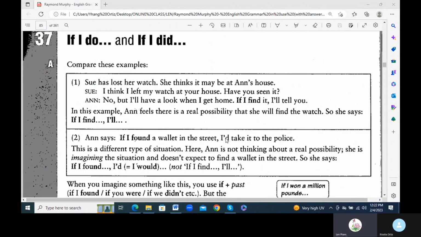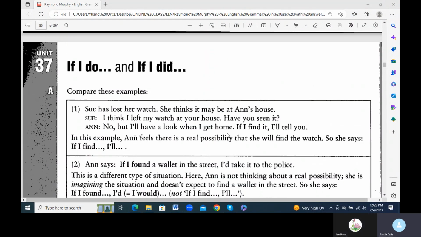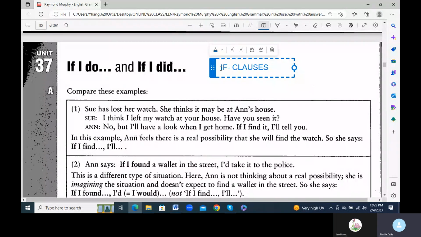Good morning, teacher. In today's lesson, we are going to study if clauses. Do you remember the meaning of the word clause?